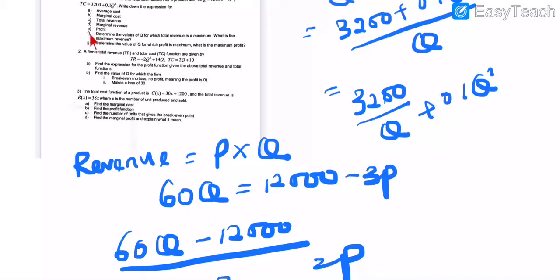That one is profit. Okay, then determine the value of Q at which total revenue is maximum. When total revenue is maximum, meaning to say that the marginal revenue is equal to 0.